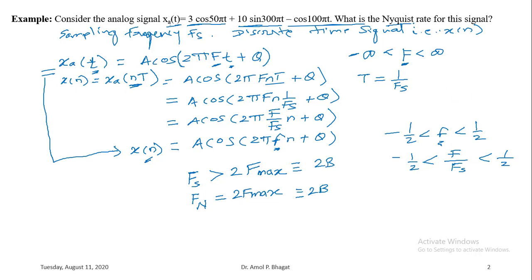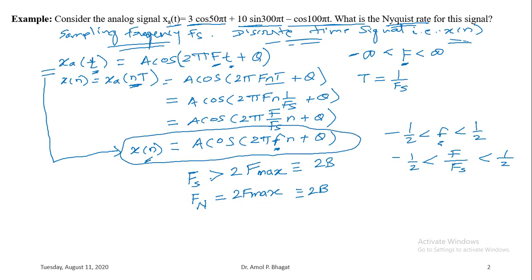To identify the Nyquist rate, we have to identify the sampling frequency, and we have to identify the discrete time signal, x of n. So we will try to identify this x of n, right? We'll try to identify the Nyquist rate FN, as well as the sampling frequency, that is Fs.